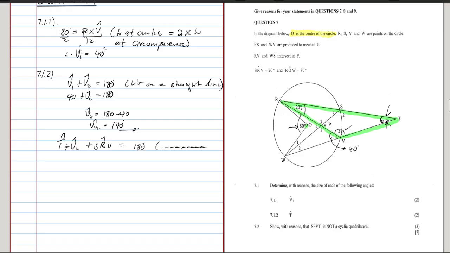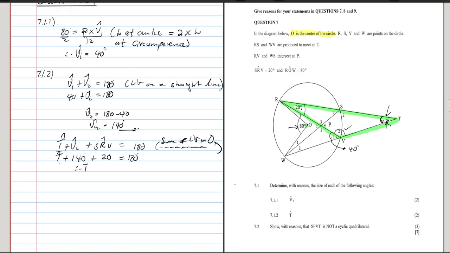This is the sum of angles in a triangle. I don't have T, I'm leaving it as it is. It's 140 plus SRV, that is 20 degrees, is equal to 180.